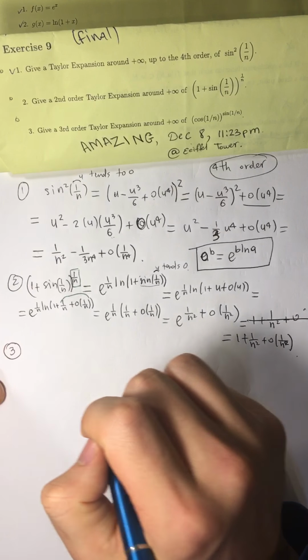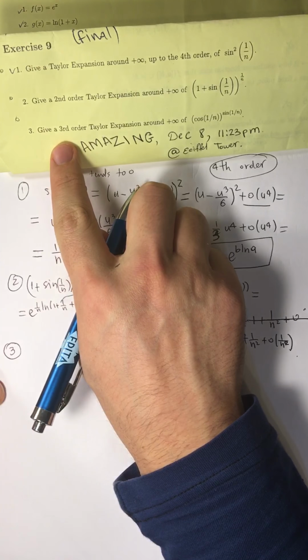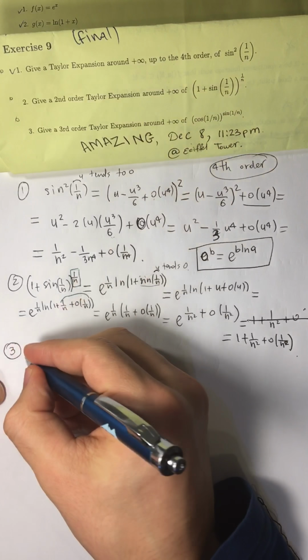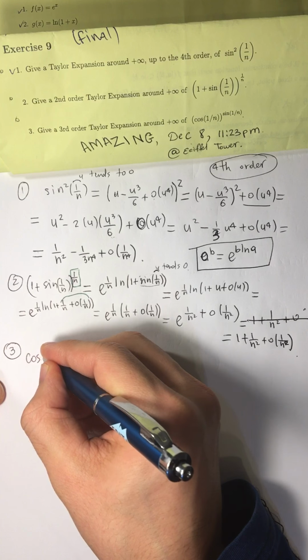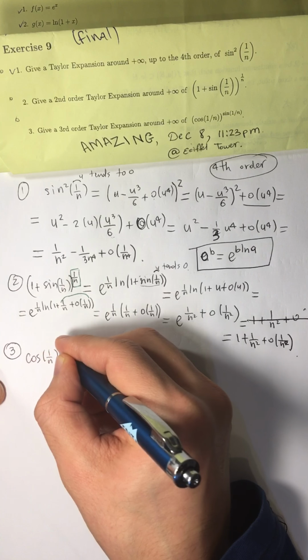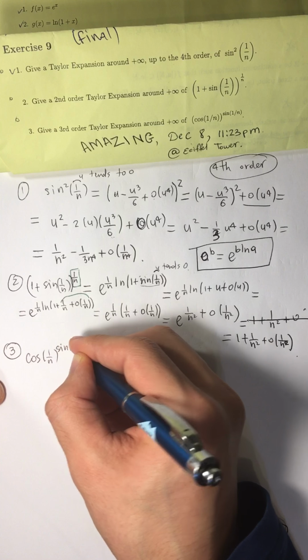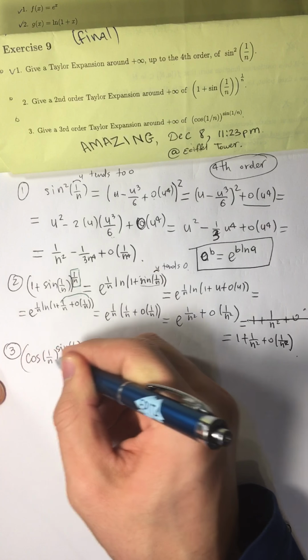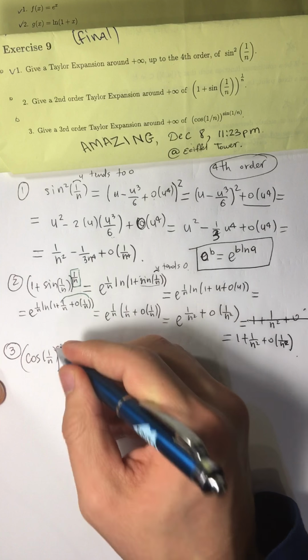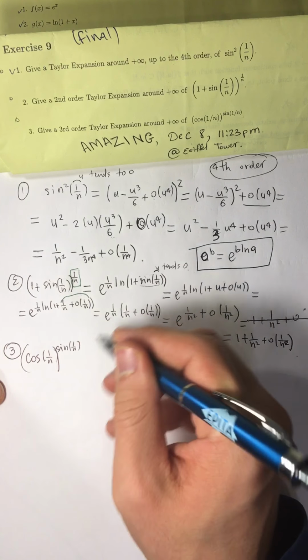Next, number 3. The question is third order. We have cosine 1 over n and sine 1 over n. In this case, do you see x? No, that's why we need to use e.